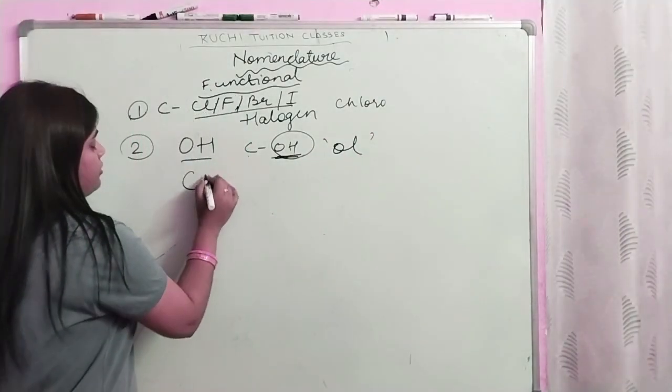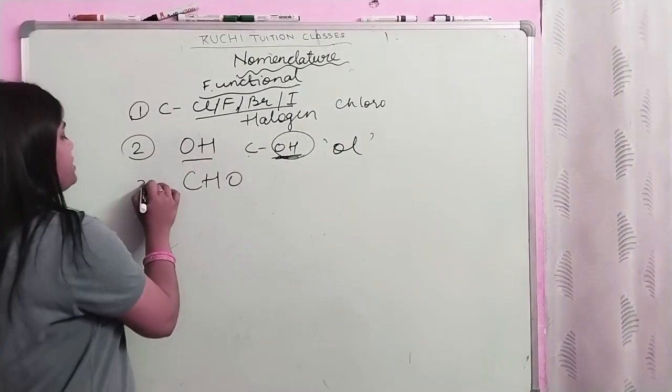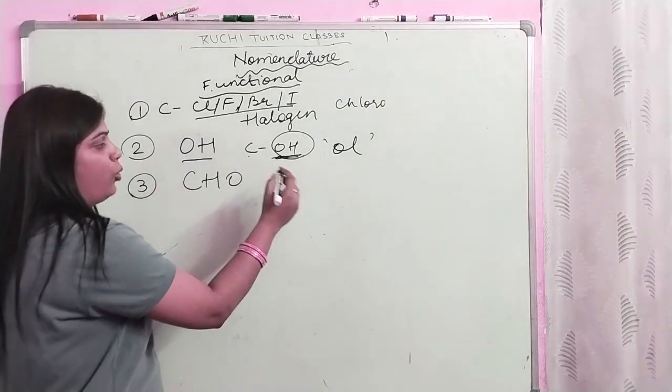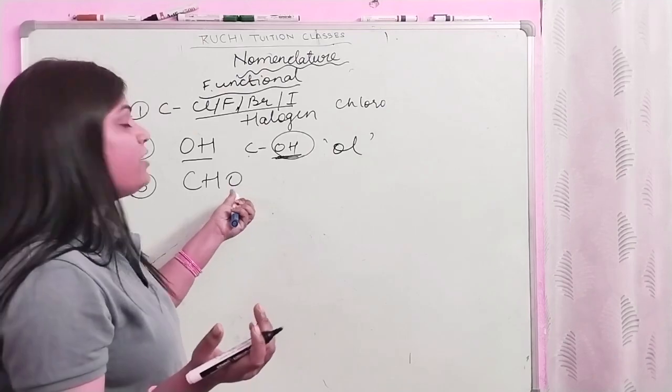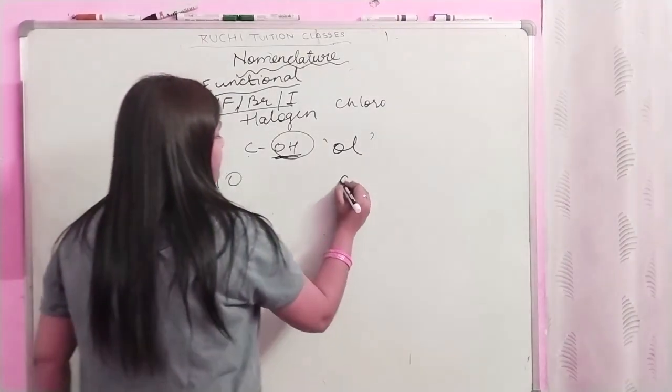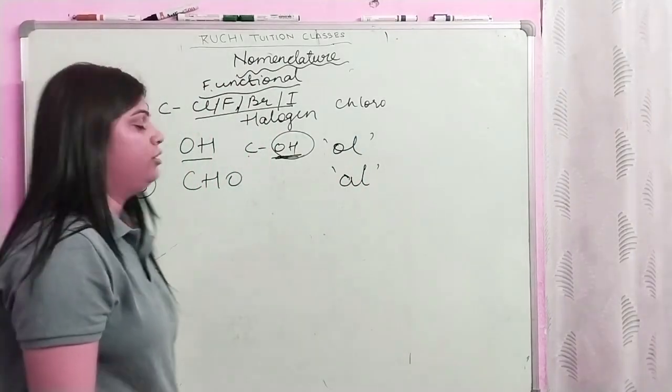Then aldehyde. The aldehyde group is denoted as CHO, and for a hydrocarbon attached with the aldehyde group, the suffix given is al.